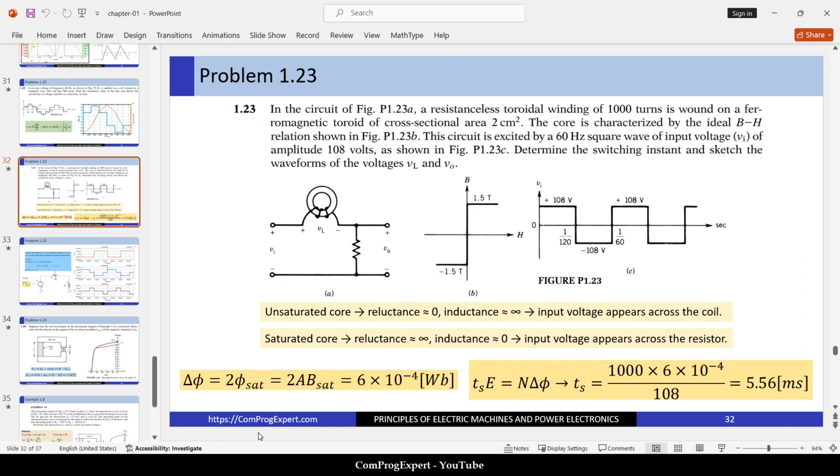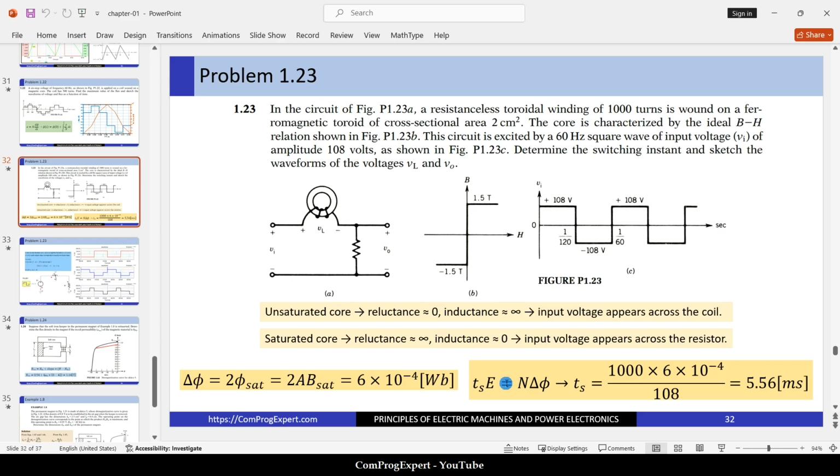And you know that the saturation flux is the cross-section area of the toroid times the B sat. The saturation value for the B is 1.5 Tesla. So if you replace this 2 centimeter square in this equation, the change in the flux is equal to 6 times 10 to the power minus 4 Weber.